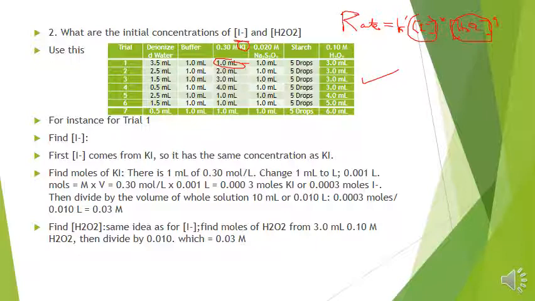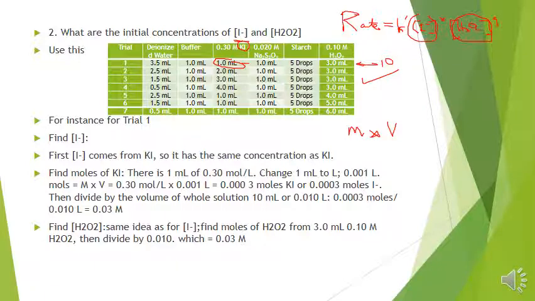So first thing we have to do is find out how many moles that is, and then the total solution for trial 1 is 10 mL. So you find out how many moles, and then you divide by 10 mL. So find the moles of KI, and we keep on using this to figure out moles from a solution: use molarity times volume.